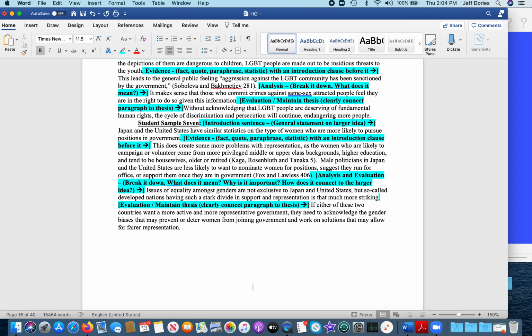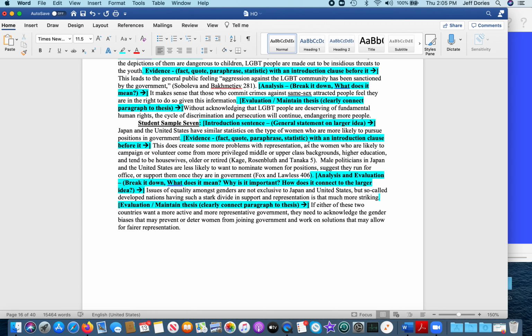Let's see if she analyzes and evaluates this thoroughly enough. "Issues of equality amongst genders are not exclusive to Japan and the United States, but so-called developed nations have such a stark divide in support and representation is that much more striking." Okay, for all of this evidence, this is not enough analysis. Need to break it down, like highlight the important parts, right?